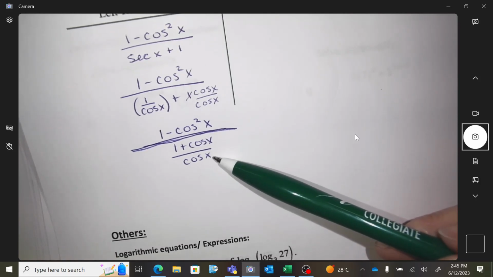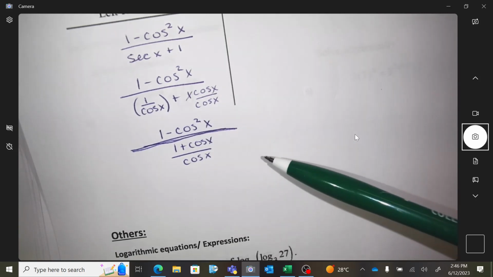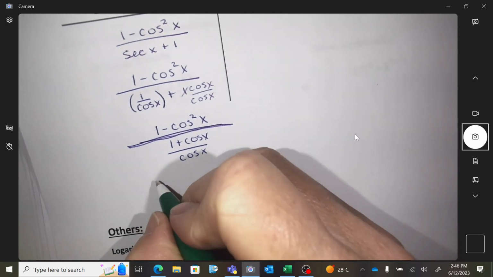Okay, what are you thinking now? Fractions, division of fractions, what are you thinking? Multiply, flip.